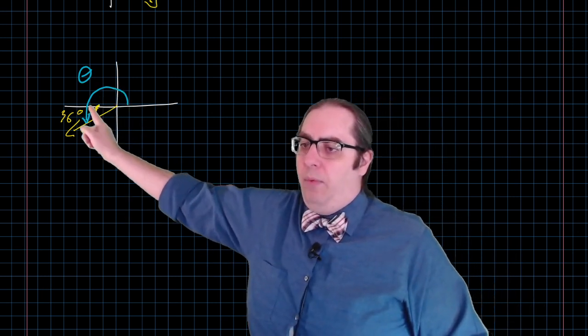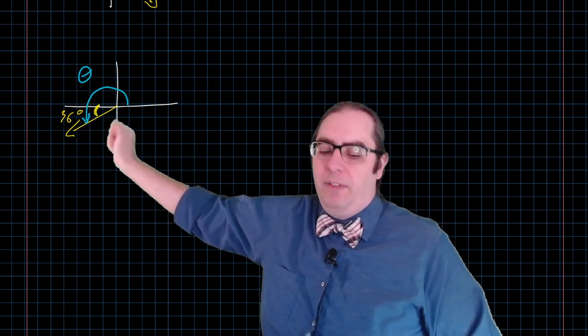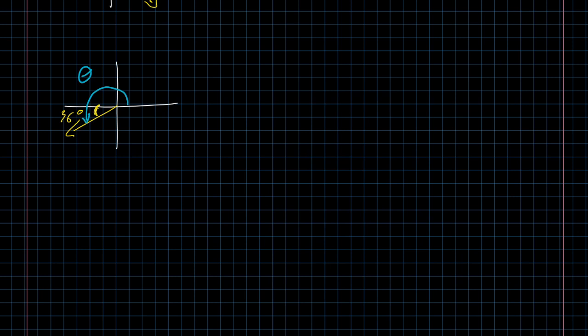Going halfway around the circle takes us 180 degrees, and then we went a little bit further. So in this particular case, we went 180 degrees, then we went another 36 degrees beyond that. Adding those together gives us 216 degrees as the angle there.